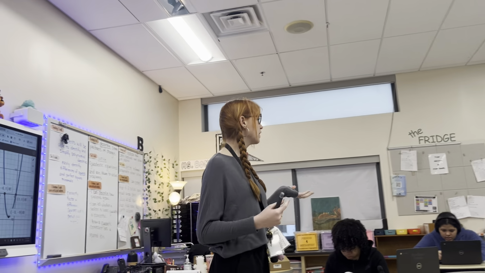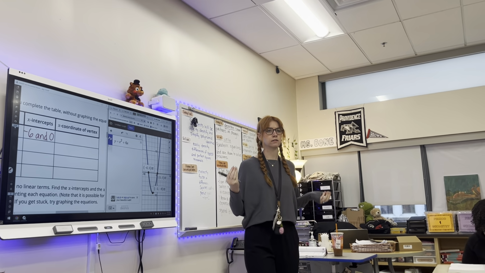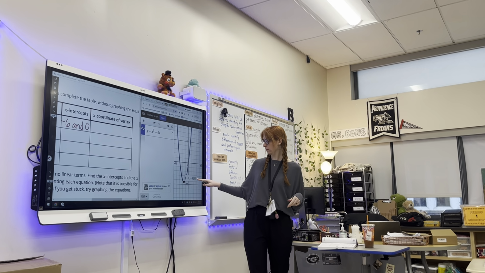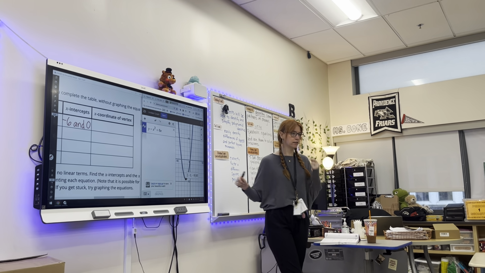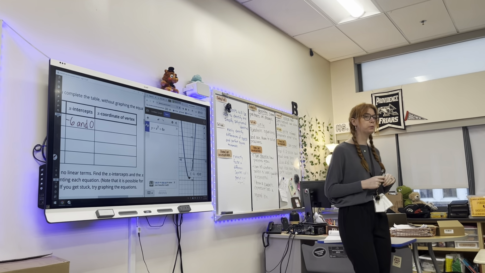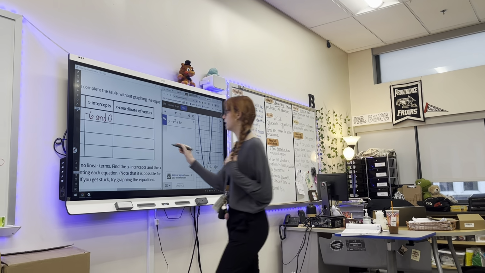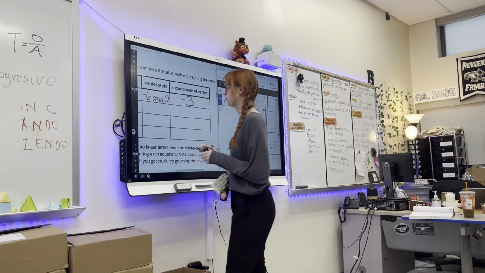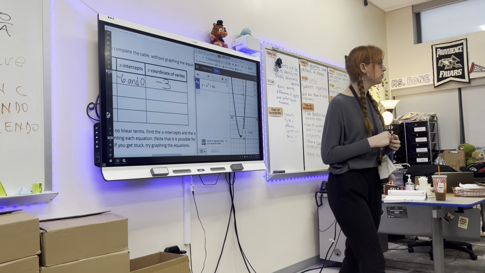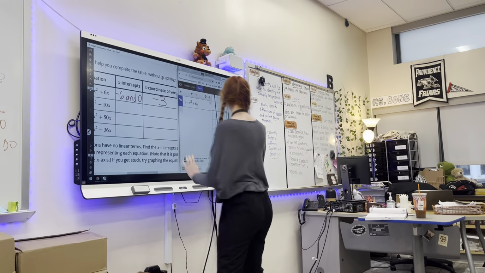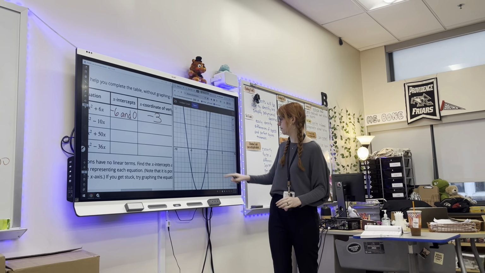Is x your first or second number? Your first number. So if I'm looking at this point, it's at -3, -9. Which of those two numbers do we want for our answer? Just the -3. You are going to fill in the rest of your table. I will move this and have this as your example so you can see it.